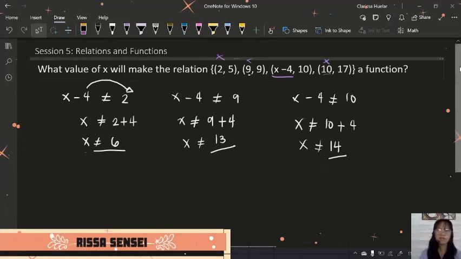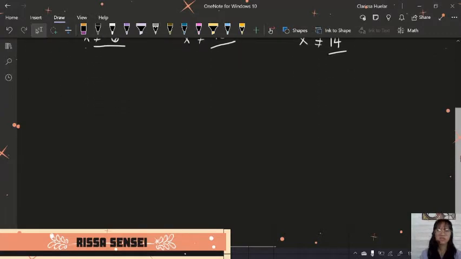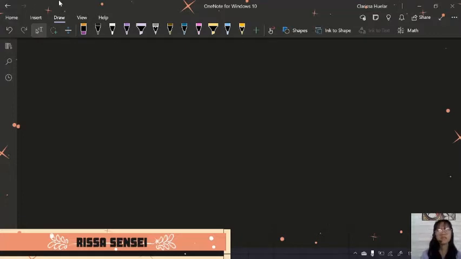Bakit tayo magre-relations and functions ulit? Kasi yung last time, ang diniscuss ko ay by ordered pairs. Ngayon naman, i-discuss natin paano natin malalaman kung relation lang siya or function kapag graph ang given.